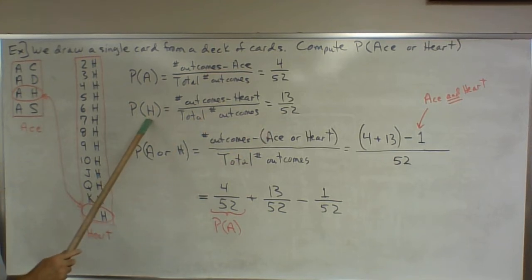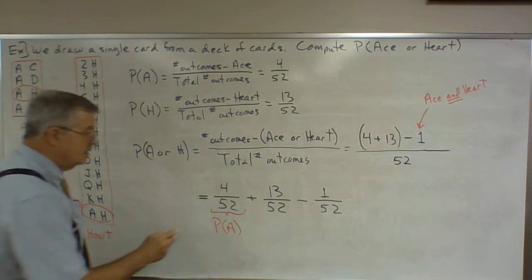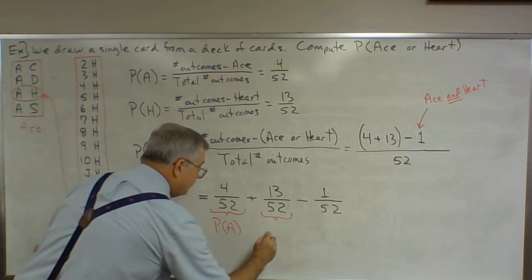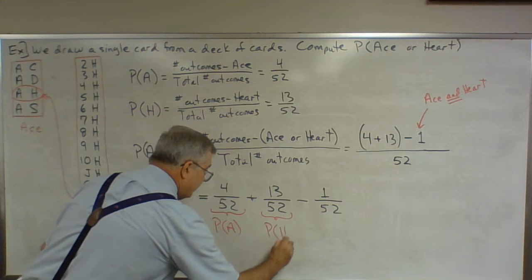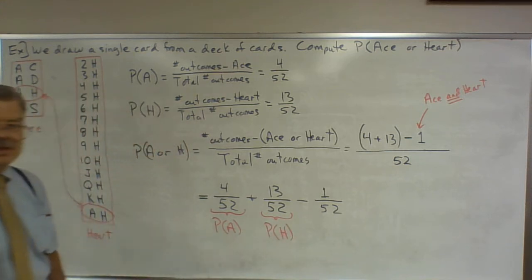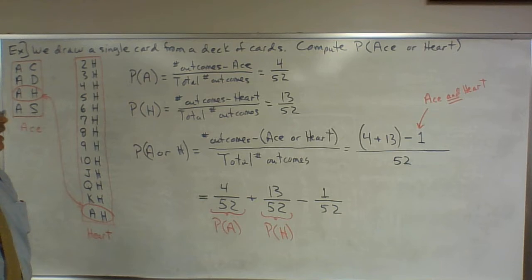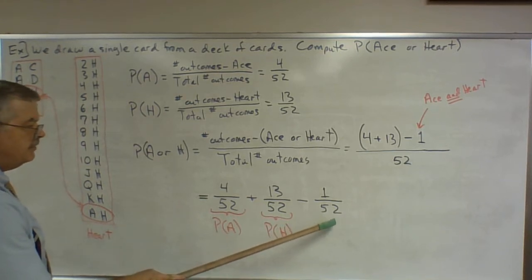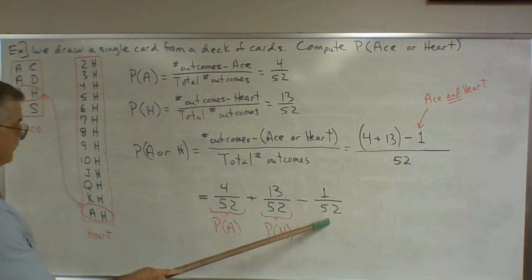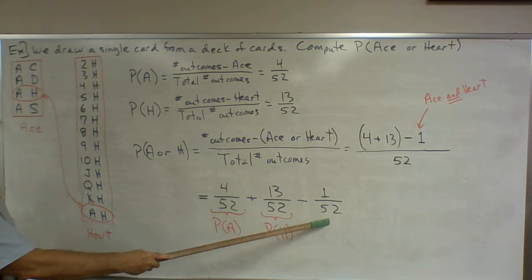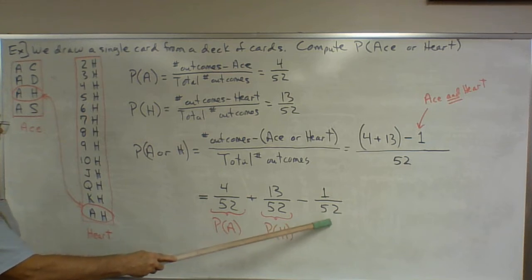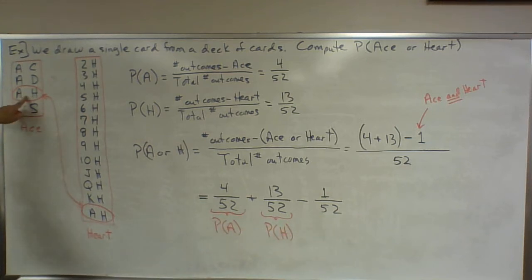That's the probability that we get a heart. And this 1 over 52, what about that? This is the one card in the deck. This is the probability that we draw that one card in the deck that's both an ace and a heart.